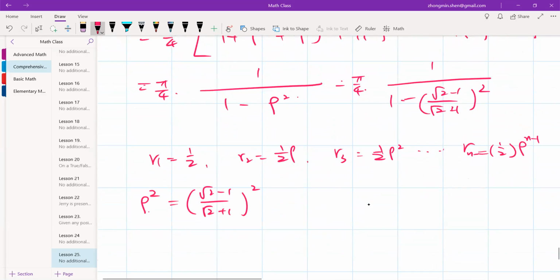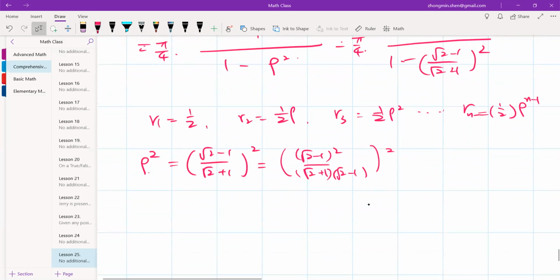First of all, you rationalize the denominator, so the denominator is just 1. So it's going to be square root 2 minus 2 to the 4th power.